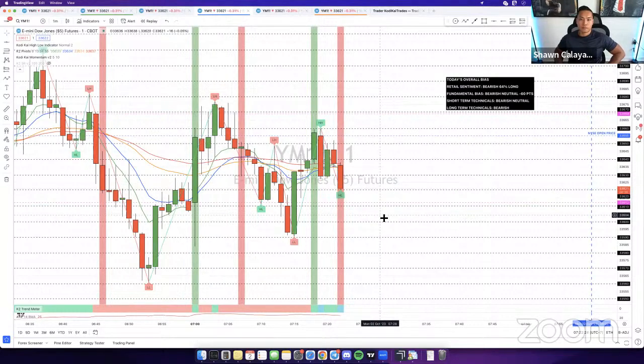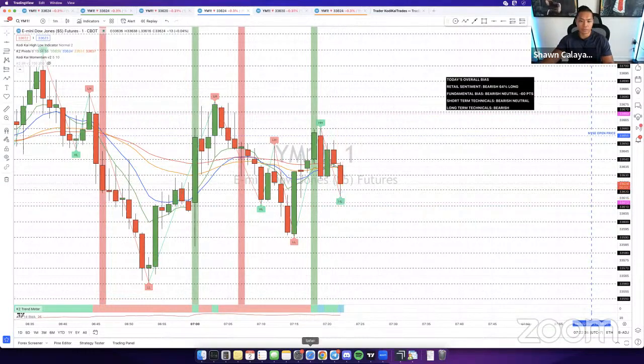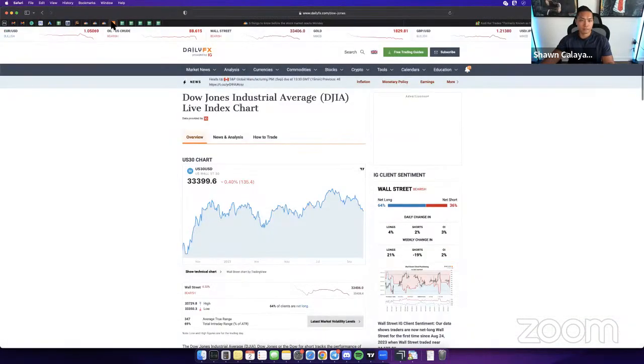Usually NFP week is either very volatile all throughout the week, or it's very slow until maybe Wednesday, Thursday, once the other news comes out. I think a lot of people here are just waiting for Jay Powell to speak, because he's going to discuss inflation and stuff, right? They're supposed to raise interest rates this month or next month. Well, they said they're going to raise it at least by the end of the year.